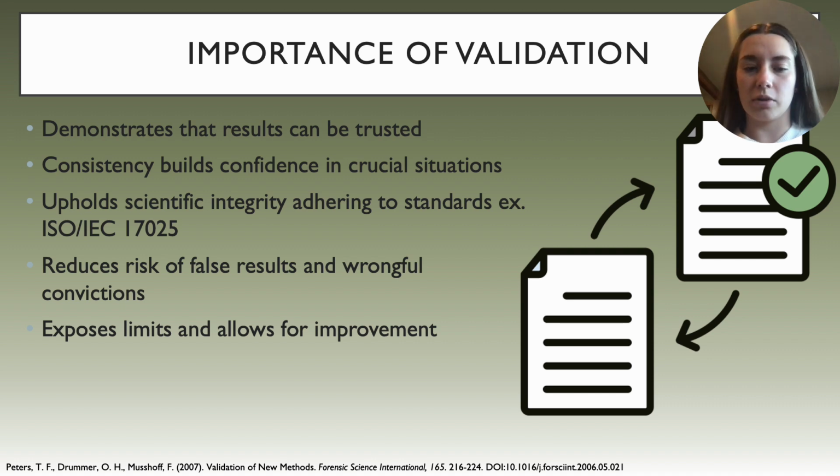For example, one that I'll be talking about later, the ISO standard 17025, which is very important to meet. It also will reduce the risk of false results and innocent people being wrongfully convicted or guilty people not being convicted. So it goes both ways. And then it also exposes the limits and allows for improvement in the lab setting.